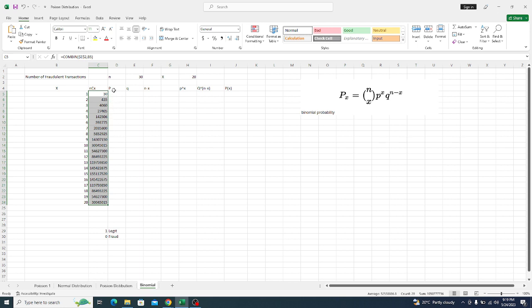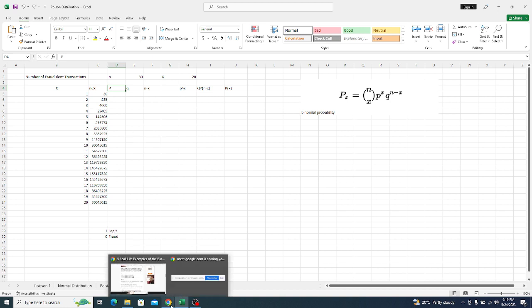Then let's come to the probability. What is the probability of getting a fraudulent transaction? In this case, we have two major possible outcomes.